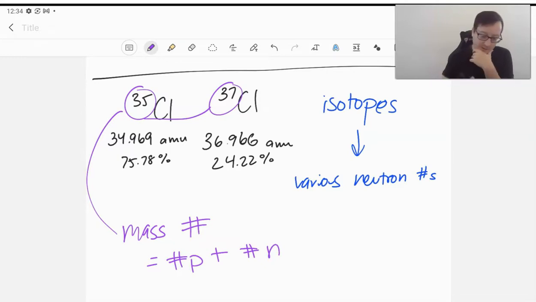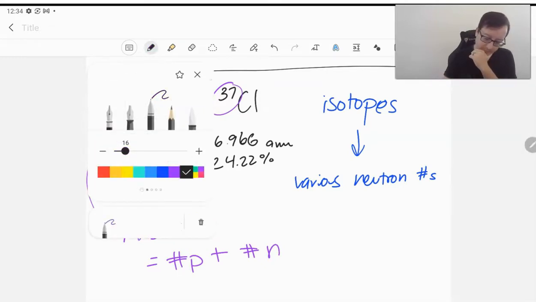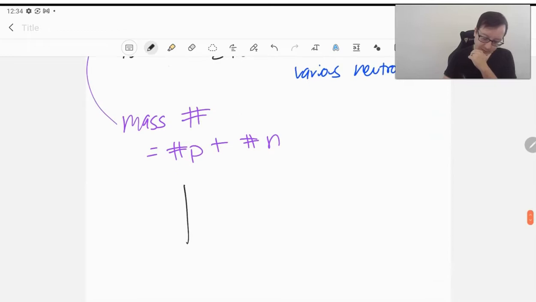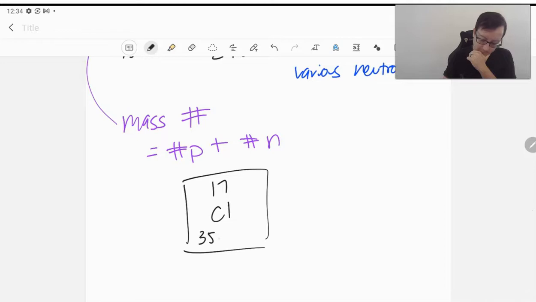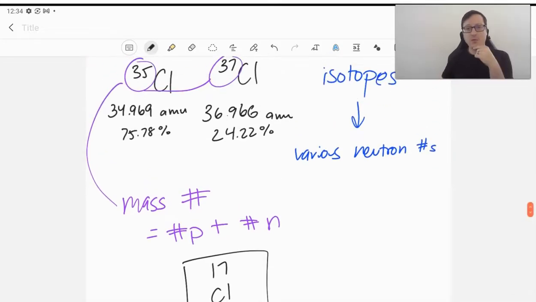However, if you look on the periodic table at chlorine, we'll see that we actually have this number 35.45 AMU under it. And if we look at everything else, we see 17 and Cl, that's normal. This 35.45 doesn't seem to match with any of the numbers we have.